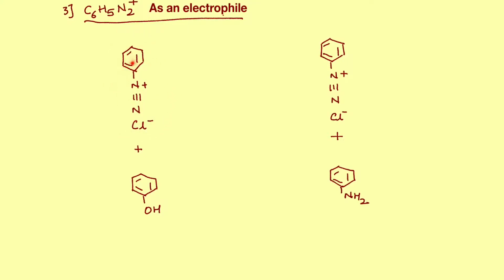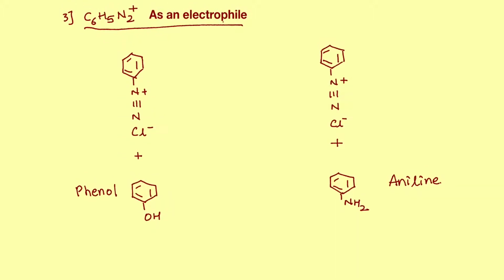So this is C6H5N2 positive Cl negative. Reacting it with, what is this compound? Yes, this is phenol. What is the other compound? This is aniline.